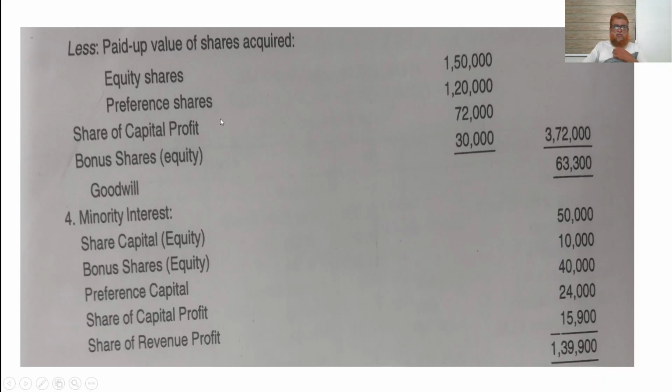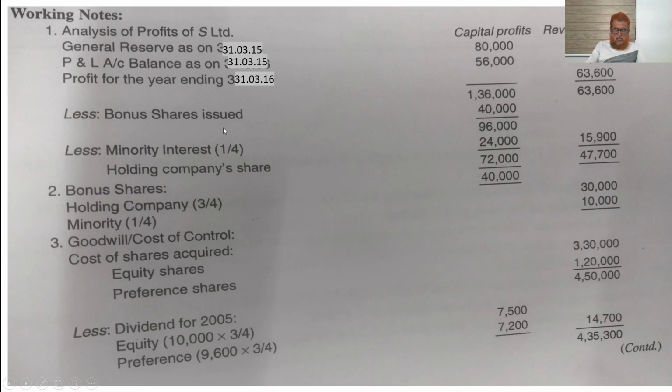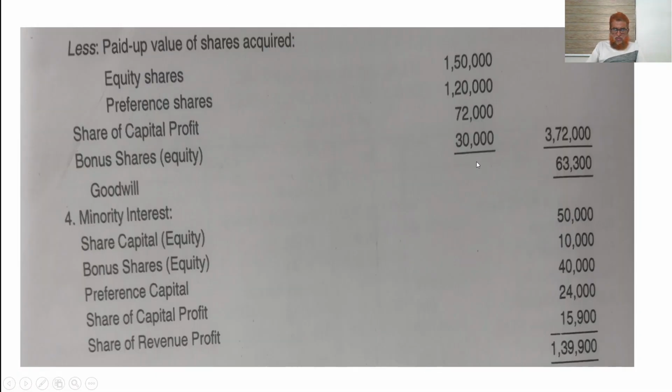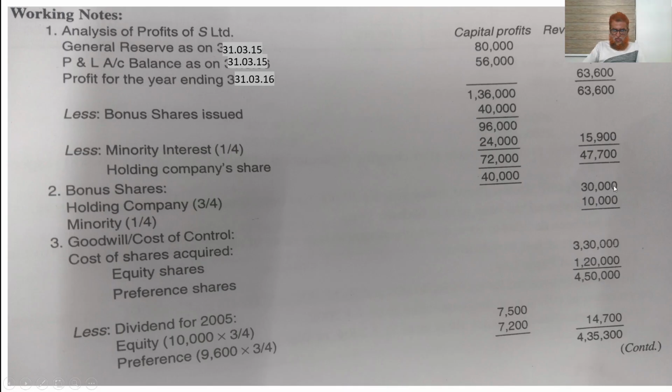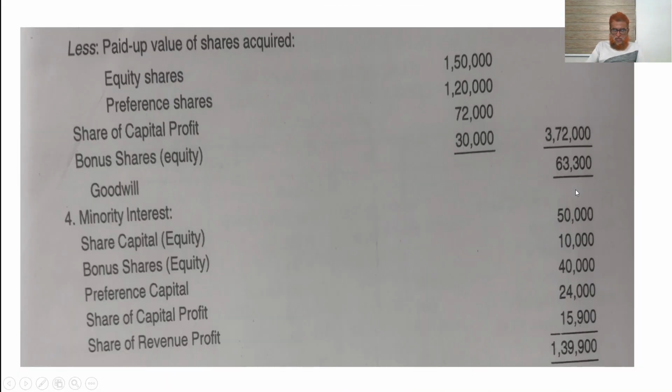Then share of the capital profit. In the last slide you have, this is the share of capital profit, holding company share, 72,000. Okay. Then bonus share, in the bonus share, 3 by 4, 30,000. So this 72,000, 30,000. So all these four amounts should be deducted.